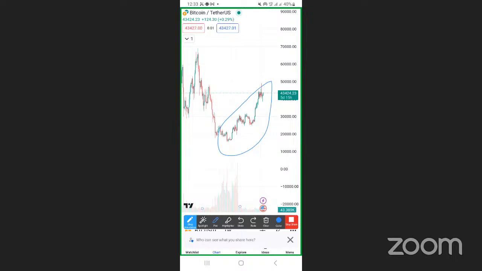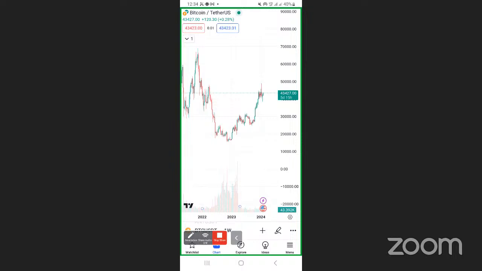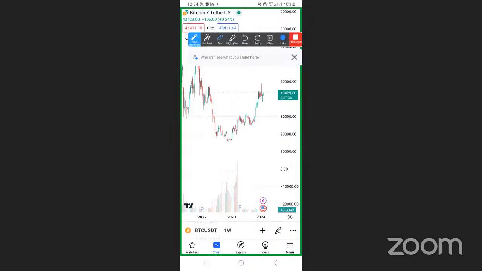Now I want us to observe one thing. In technical analysis, there's what you call a trend line. How do you go to the trend line? You can use this pencil. When you go to your TradingView, see this pencil.